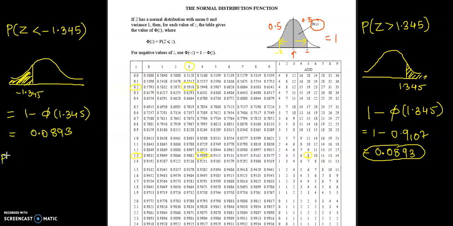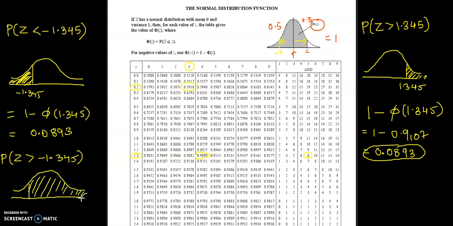Now let's see what happens when the question asked is to find the probability z more than minus 1.345. When you draw this region, you see this shaded part would be the required region.